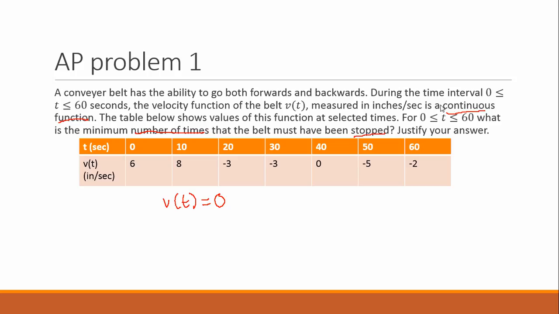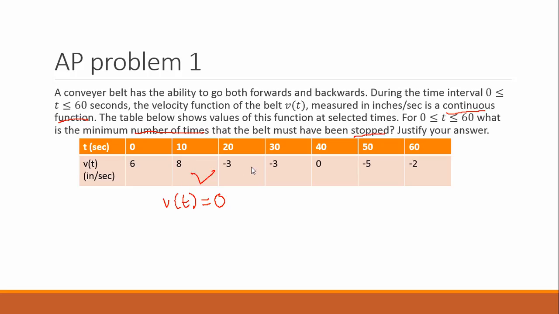And we have the function is continuous. So what we're looking for is values that go between positive and negative. So we see here, we go from 8 to negative 3, which means we must take the value 0. So there's one place where the velocity must have stopped.